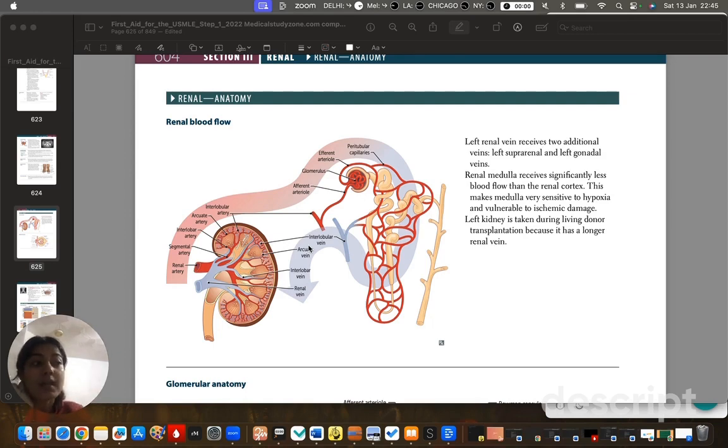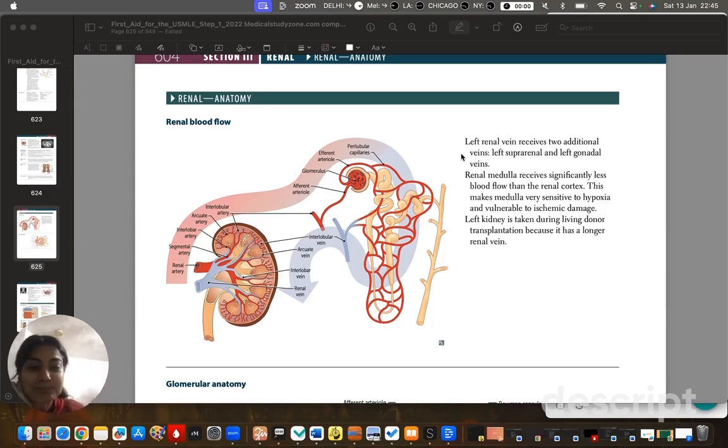The left side vein is longer, because the IVC is on the right side, right? The suprarenal, the adrenal gland that produces hormones, is just like, bro, I'm too lazy to go all the way over there. I'll just give my supply to you, and then you can supply through yourself to the IVC. The same with the gonadal veins, right?